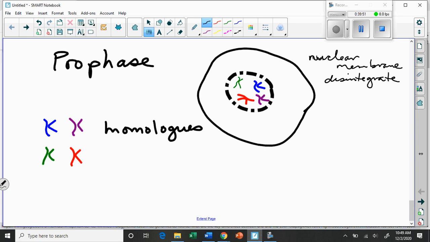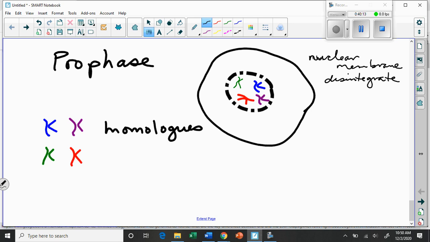On the purple one, there's also a gene for controlling the production of melanin, a dark brown pigment. But they don't have to be the same. The blue one could produce more melanin than the purple one. So both do the same job. They both make melanin, but one's a little different. One makes more than the other.